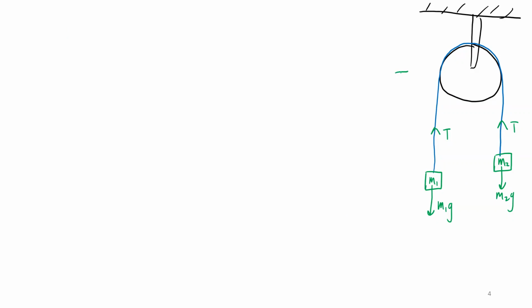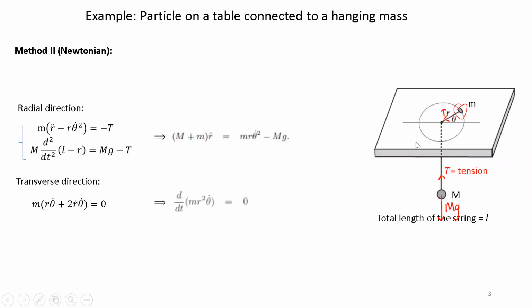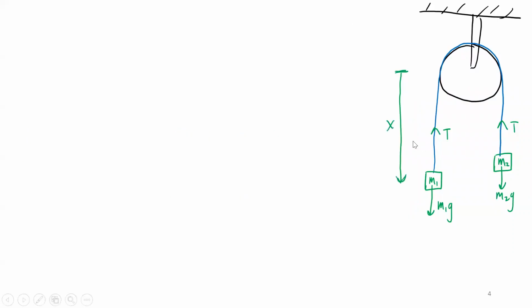I will say that the distance measured from here all the way down to here, let me call this x. And the other one over here, I'm running out of space here, I call this y.